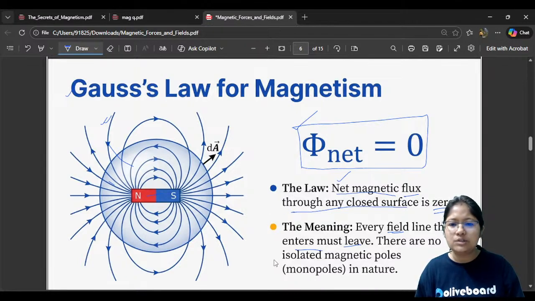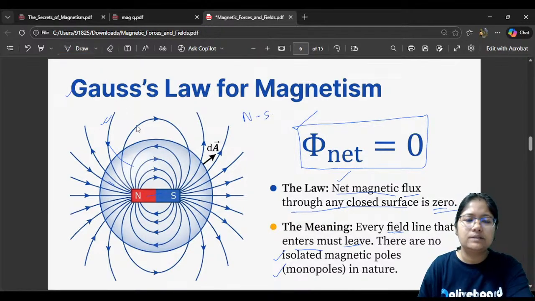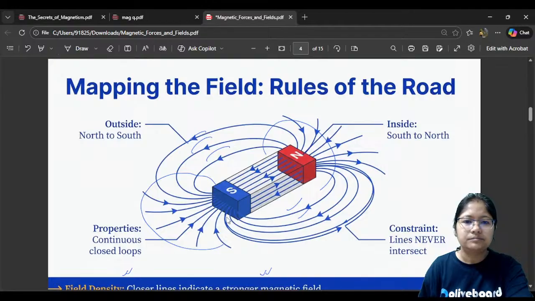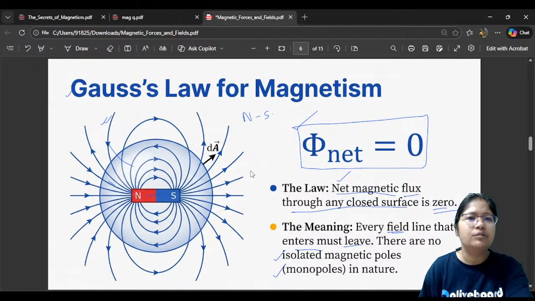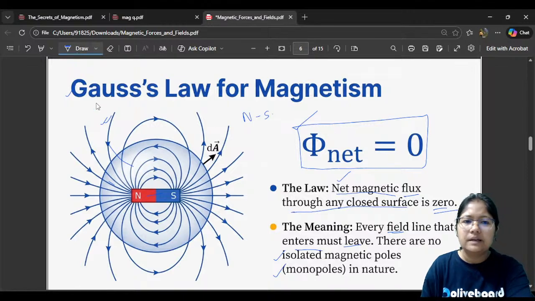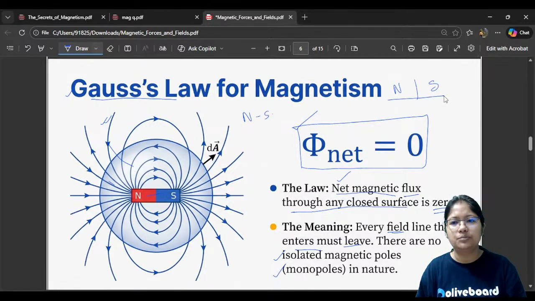There is no isolated magnetic pole or monopole in nature. Always there will be a north pole and a south pole, so if field lines enter, they have to exit. In the simplest terms, if there is a north pole, there has to be a south pole.